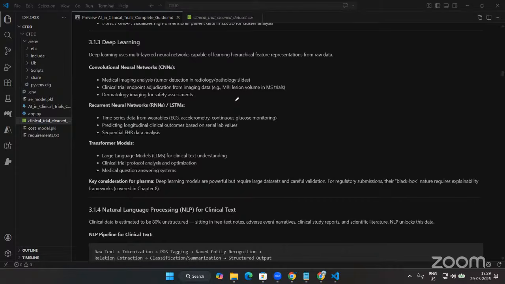As I said, convolutional neural networks essentially work for images. They take the image, process the image, and bring the features out of the images.